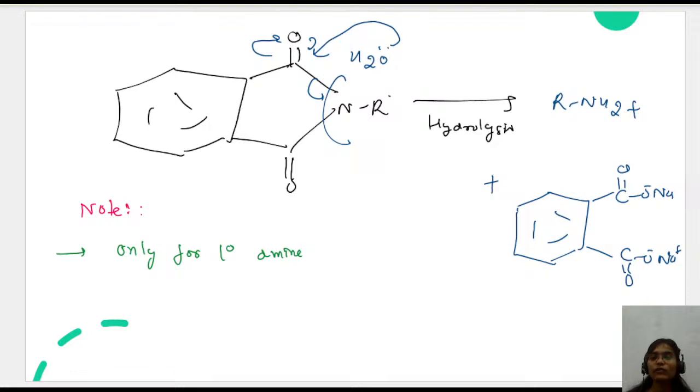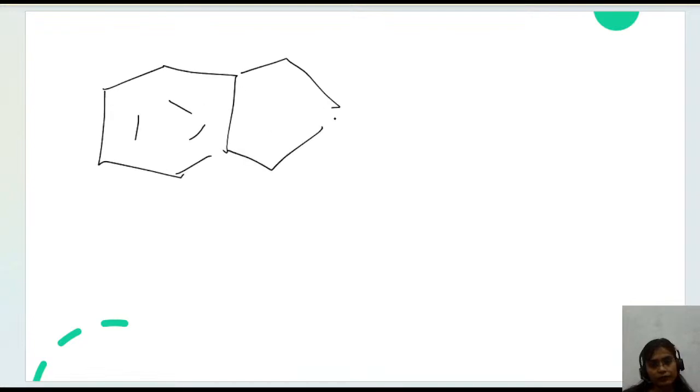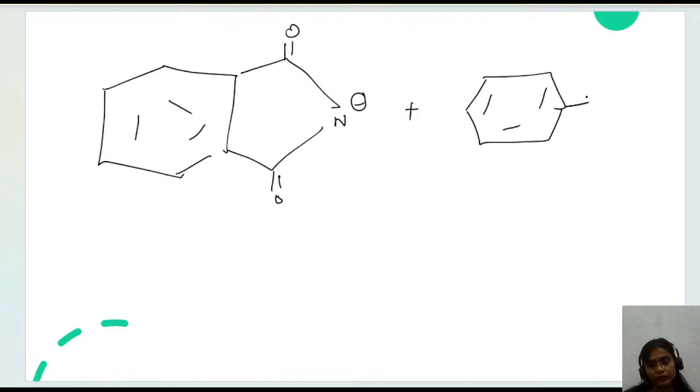Okay, let me give you a kind of situation. So actually what is happening, this is how our nucleophile looks like, with a negative charge. Okay, and let's suppose this is a benzene. Yes, please. Is it visible?